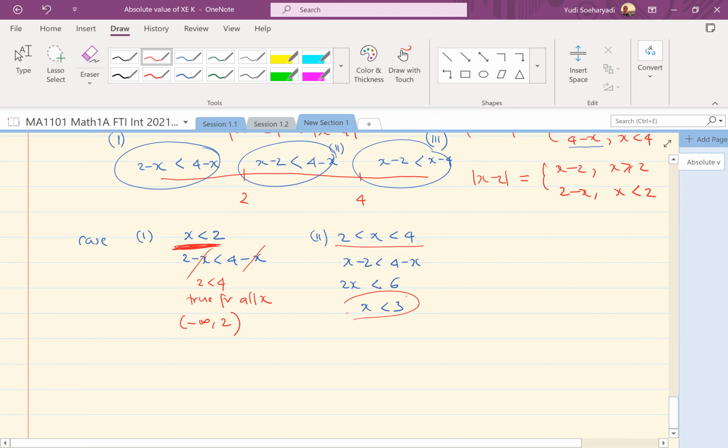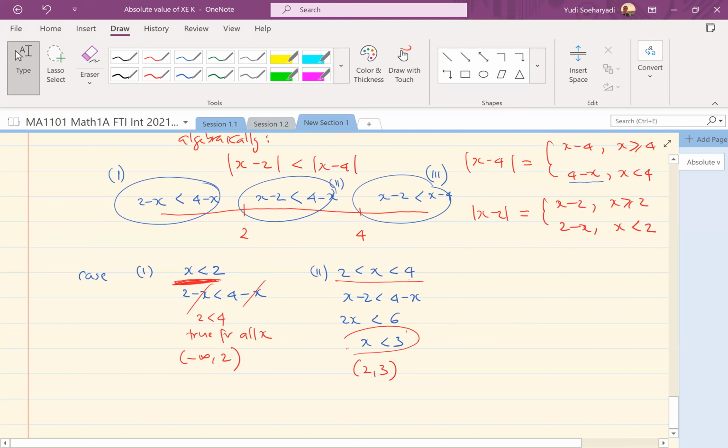So what we get here is x less than 3, and x between 2 and 4. Sorry, 2 and 3. There we go.